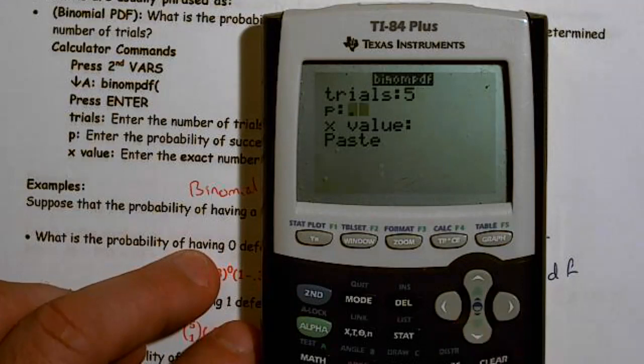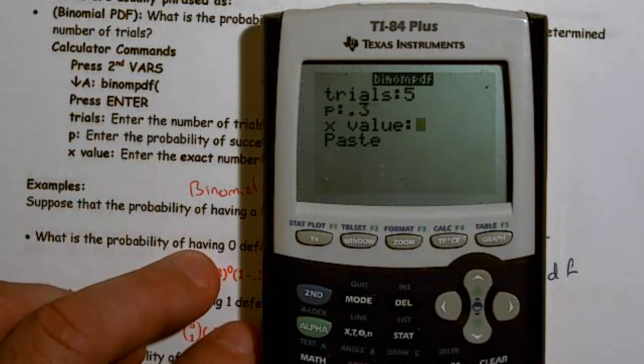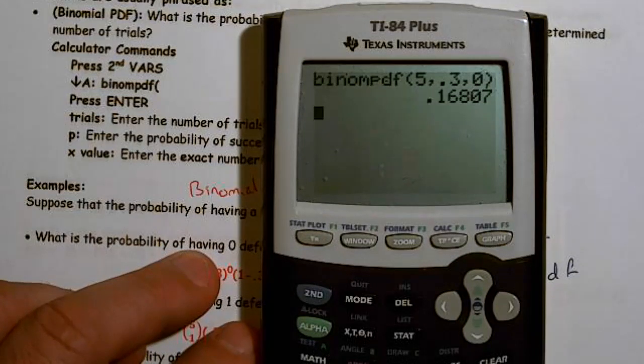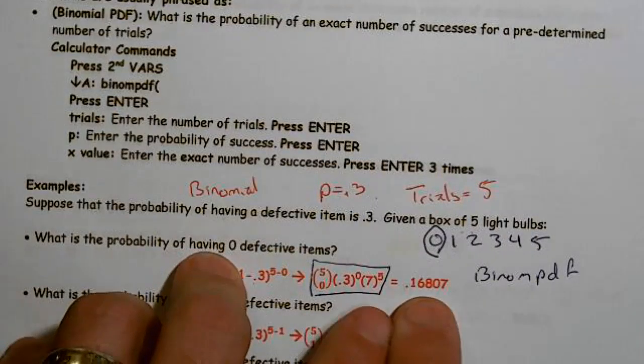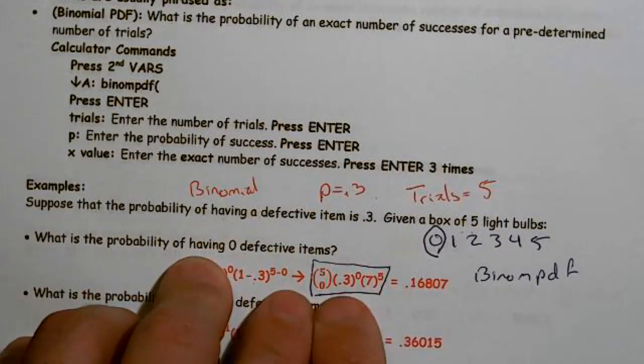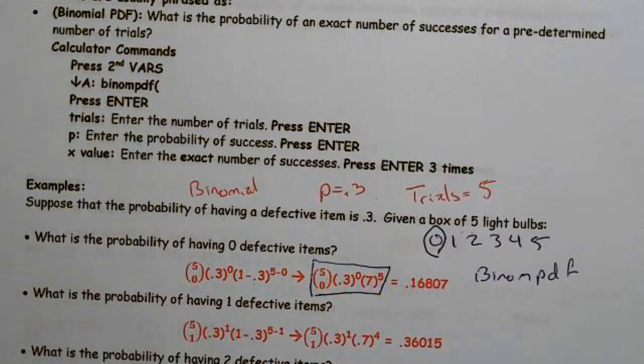The probability of a defect was 0.3, and we wanted the likelihood of 0 defects, so I just plug in 0. And there it is, 0.16807. It did the 5 factorial over 0 factorial times 5 minus 0 factorial. It did all of that work for you behind the scenes.